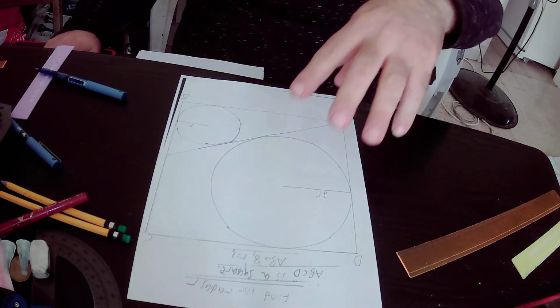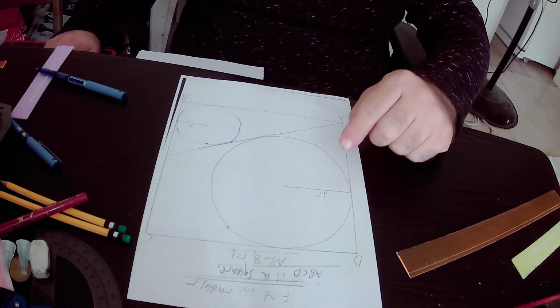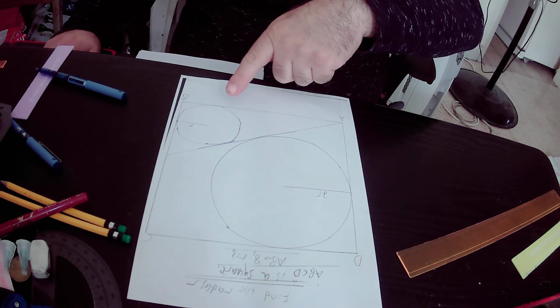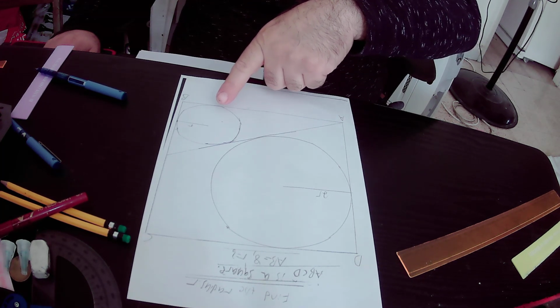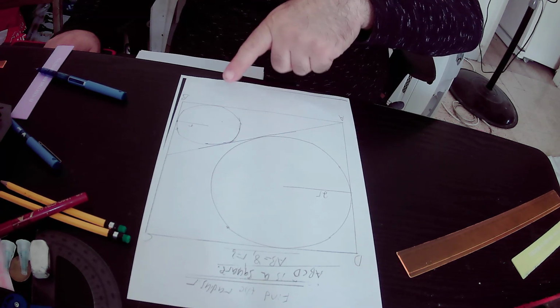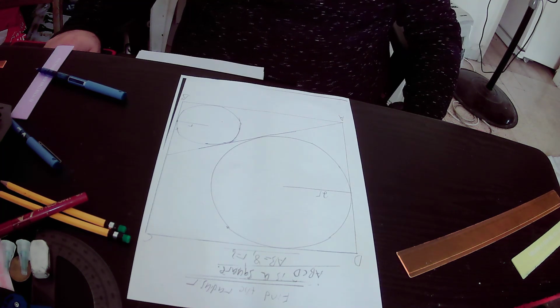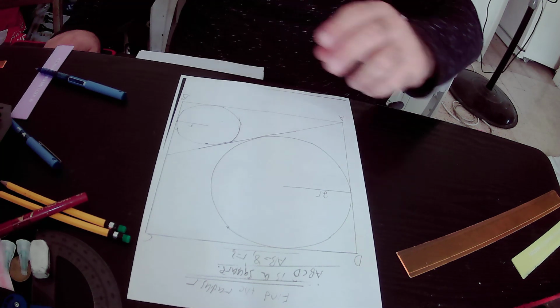The radius of this big circle is 2r, and the radius of the small circle is r, and we want to find out the size of r, that is the radius of the small circle.